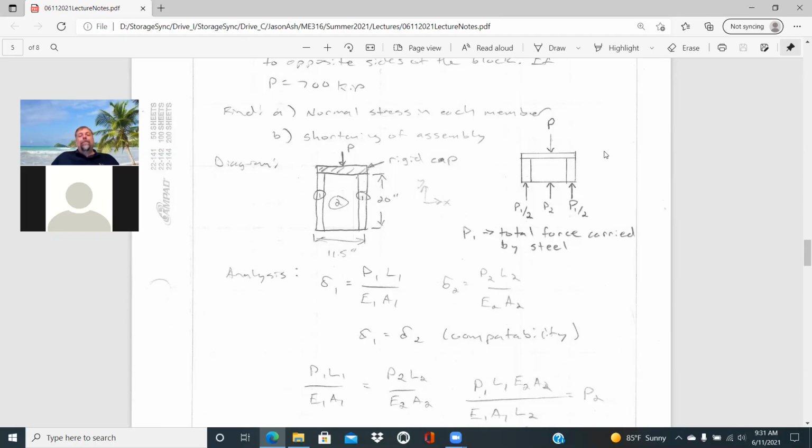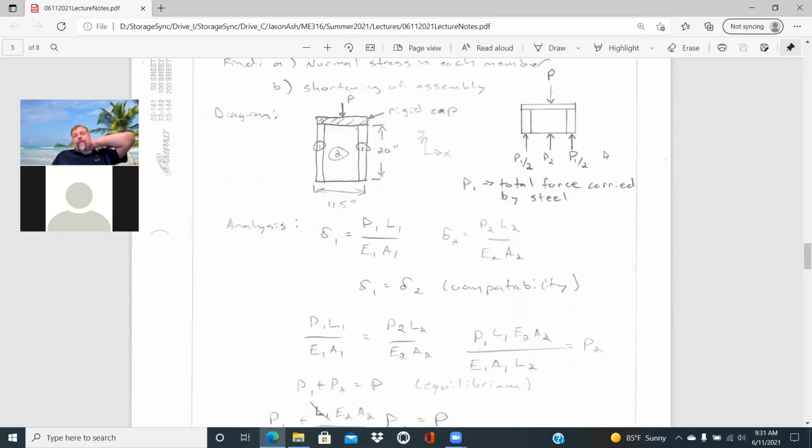So we don't have enough to be able to solve that with equilibrium alone. And so we have to make use of compatibility. The displacement we get out of the steel, delta 1, would be equal to P1 L1 over E1 A1.